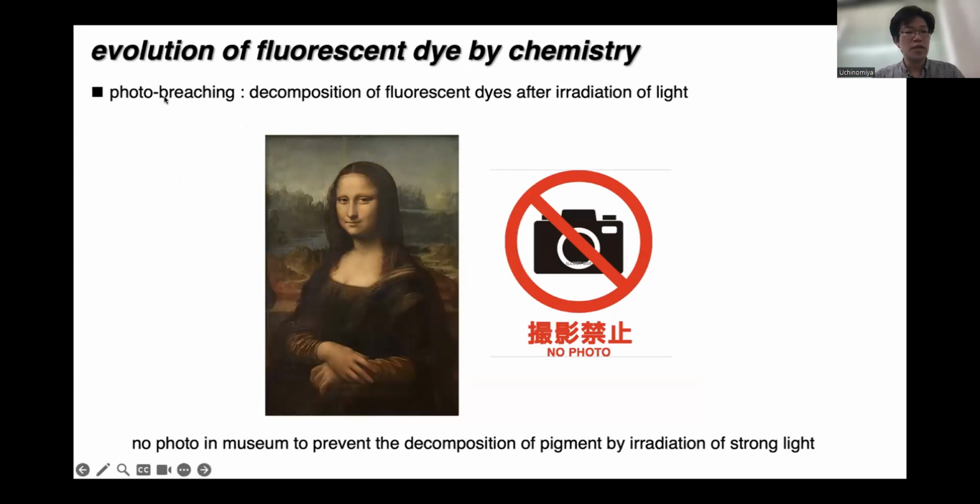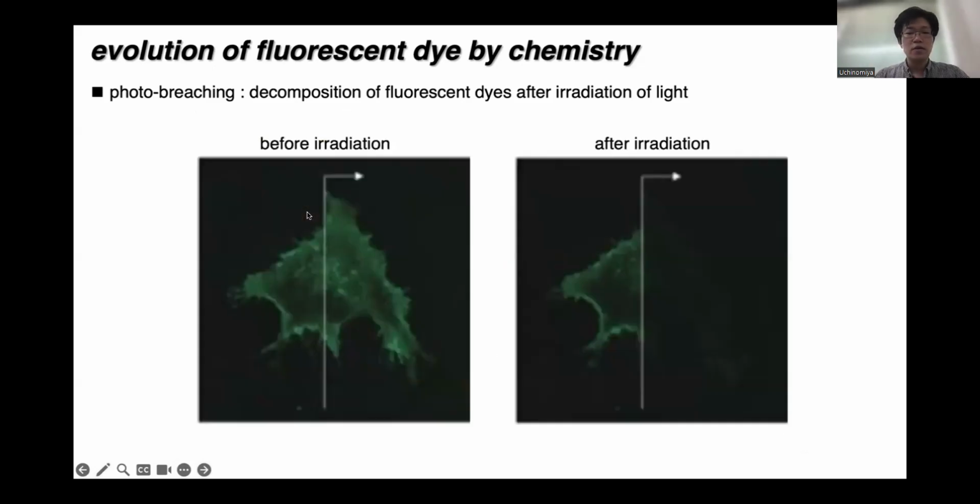Photobleaching is the decomposition of a fluorescent dye after irradiation with light. For example, in a museum we are not allowed to take pictures, because strong light may decompose the pigments. This is the same in fluorescence imaging.